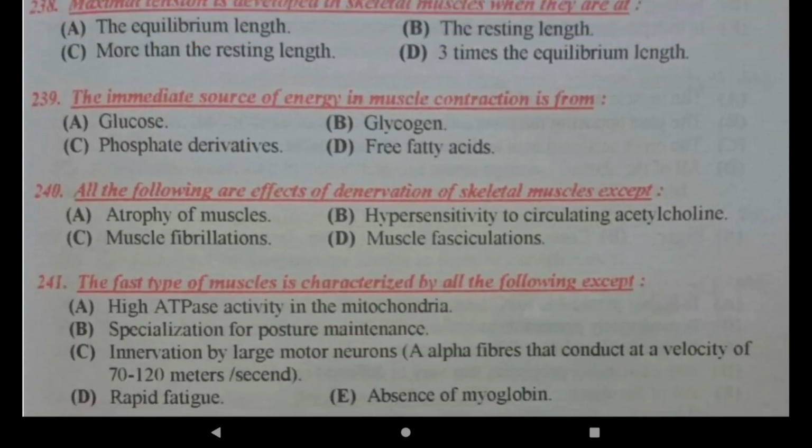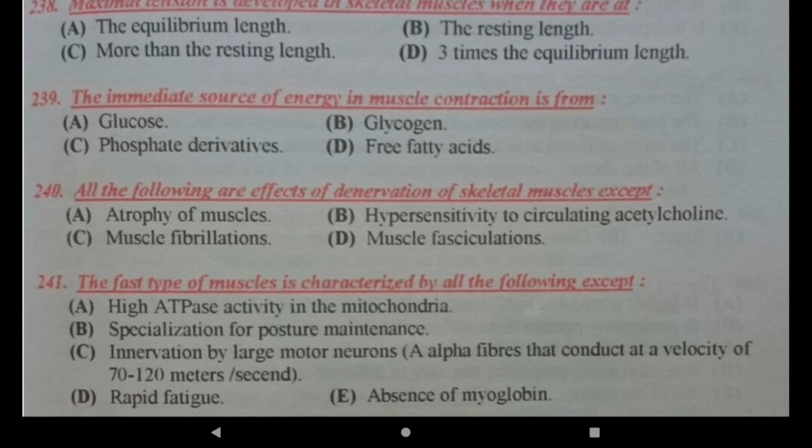We go to 240. All the following are effects of denervation of skeletal muscles except A. atrophy of the muscle, B. hypersensitivity to saturating acetylcholine, C. muscle fibrillation, D. muscle fasciculation.